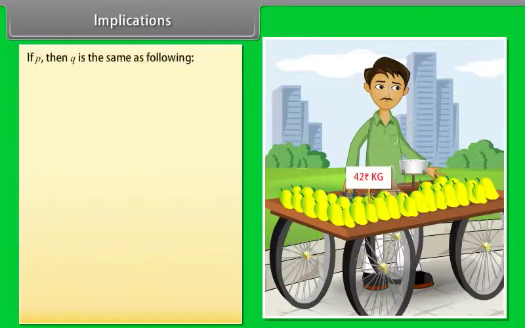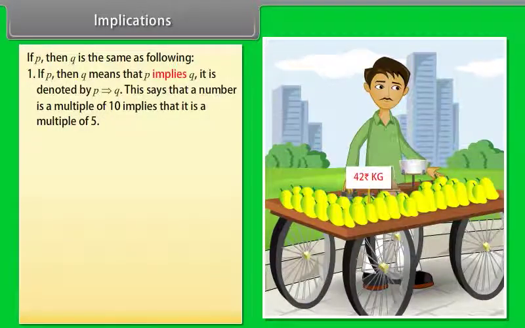"If P, then Q" is the same as the following. "If P, then Q" means that P implies Q. It is denoted by P ⇒ Q. This says that a number is a multiple of 10 implies that it is a multiple of 5.